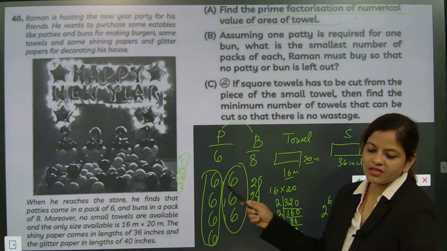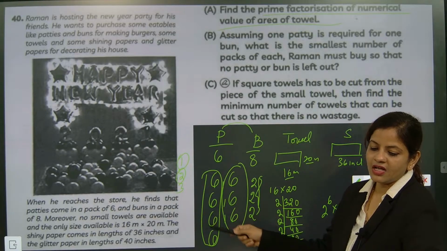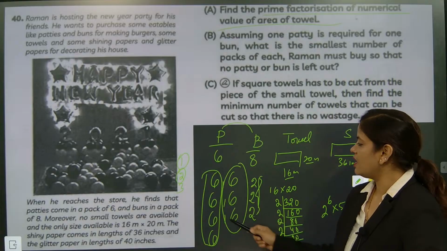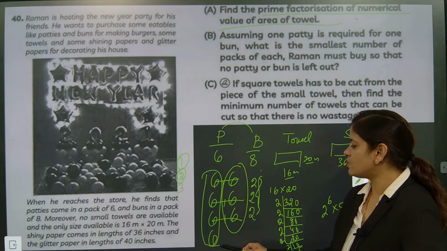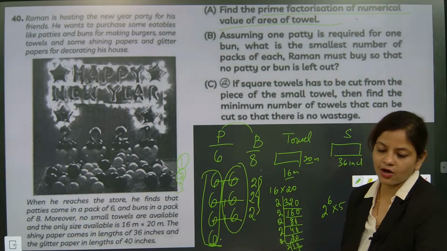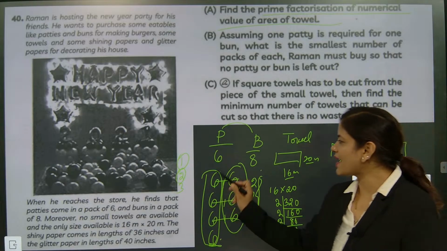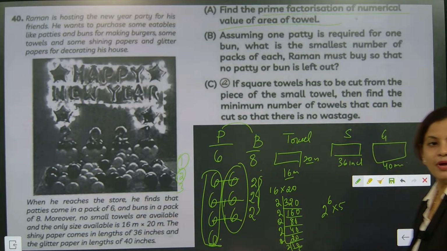Each packet, 2 buns will be left. Second packet, 2 buns will be left. Third packet, 2 buns will be left. So here 6 will be there. With one more packet of patties, this 6 will be accommodated. So definitely 4 packets of patties and 3 packets of buns are needed. I hope you have understood.